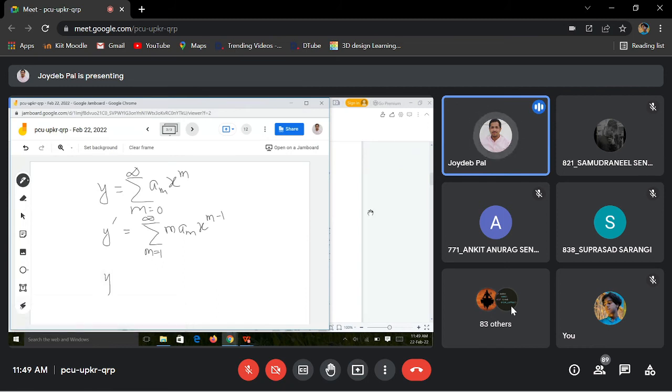Similarly, y double dash: you differentiate the general term of y dash. What will it give? The usual differentiation rule.